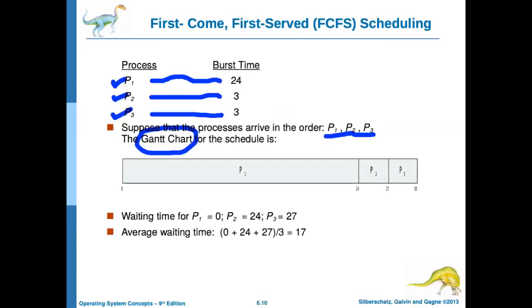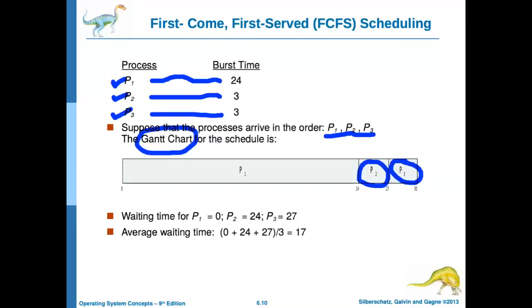Very simple: during that time it is just waiting. So P2 will wait while P1 is executing. P3 will also wait while P1 is executing as well as while P2 is executing. So we need to calculate the waiting time now.